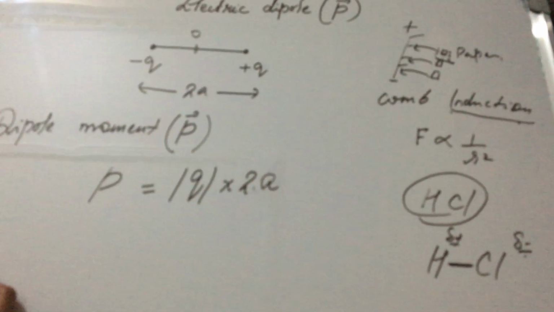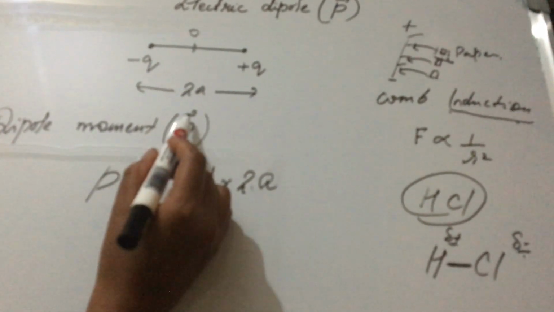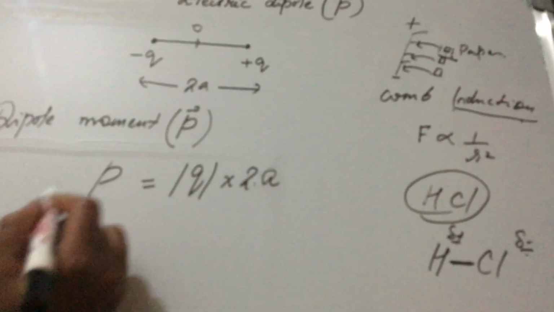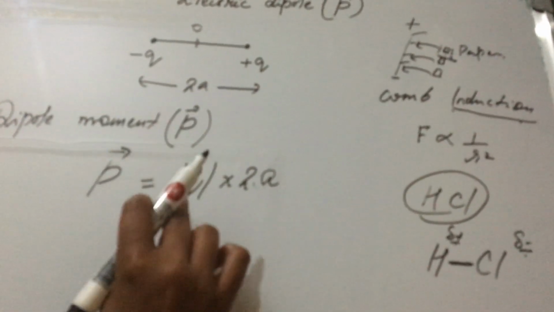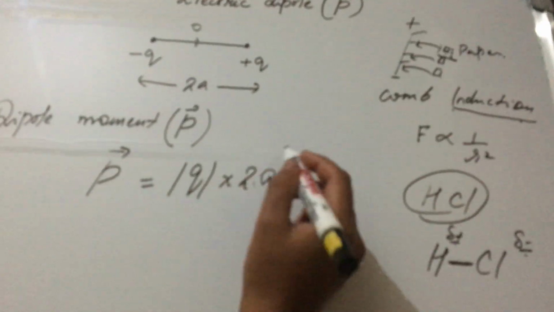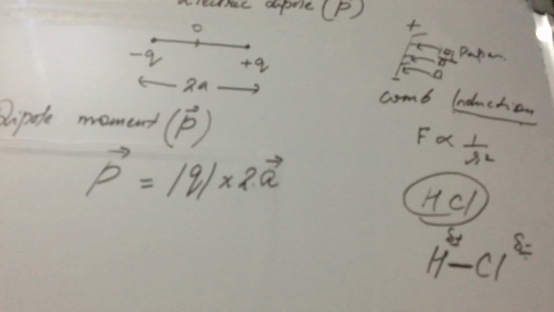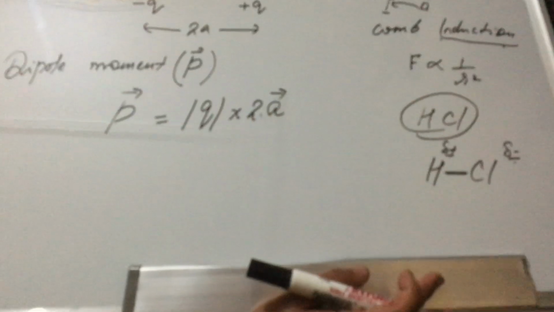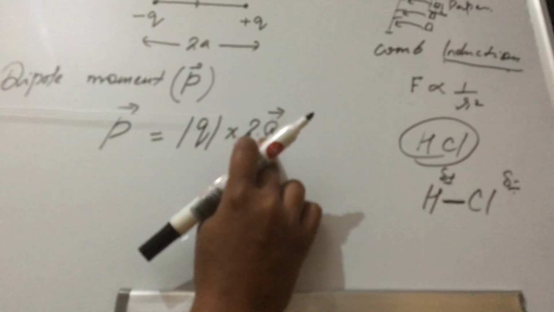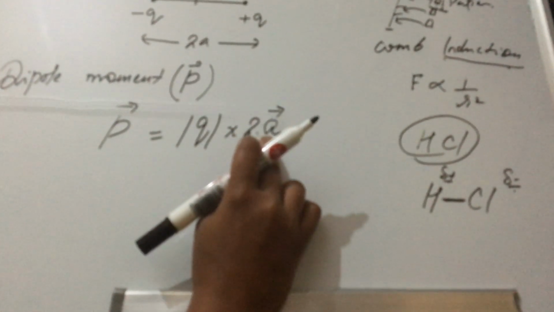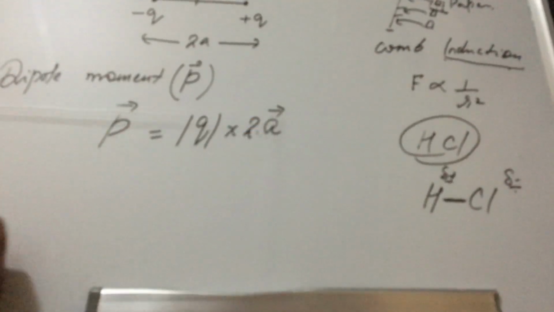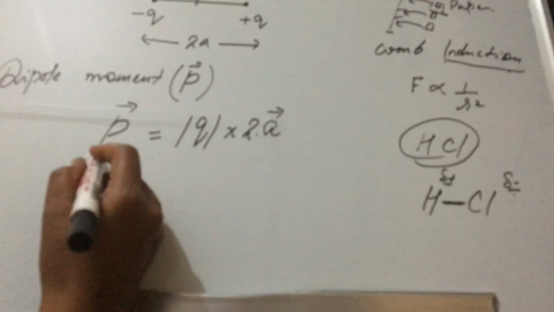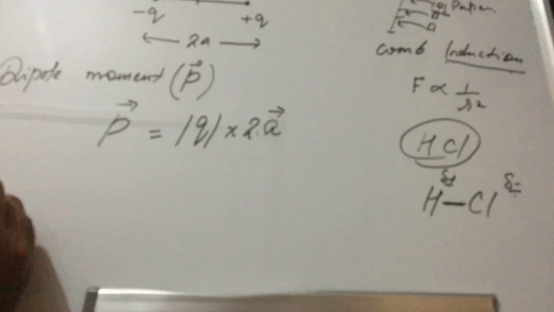Now, as I have already said, it is a vector quantity. Charge is a scalar quantity, so what can be a vector? Distance is a vector in this case. So it will be no longer a distance, basically it will be a displacement, right? Now, what is the direction of the dipole?